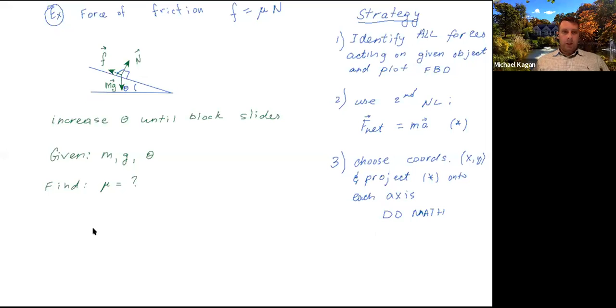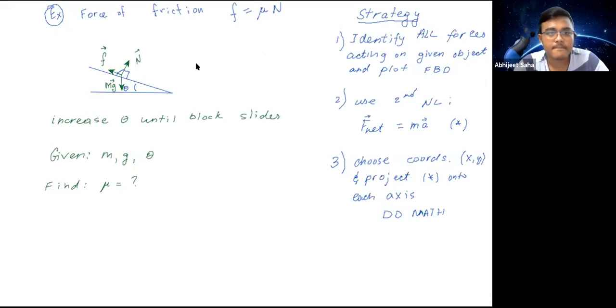So let's see how this works here. We already finished step one, really. We have the forces. And then you folks probably know what is a good frame here. What is it? X along the incline and Y perpendicular.